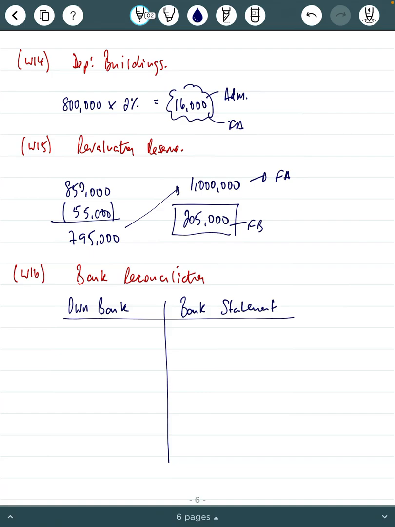If we go back to the trial balance, we will find that our own bank account was an asset of 37,355. Not an overdraft, it was an asset, so this money was in our bank account. And then the bank statement has arrived showing a balance of 44,375, which was also a positive figure.